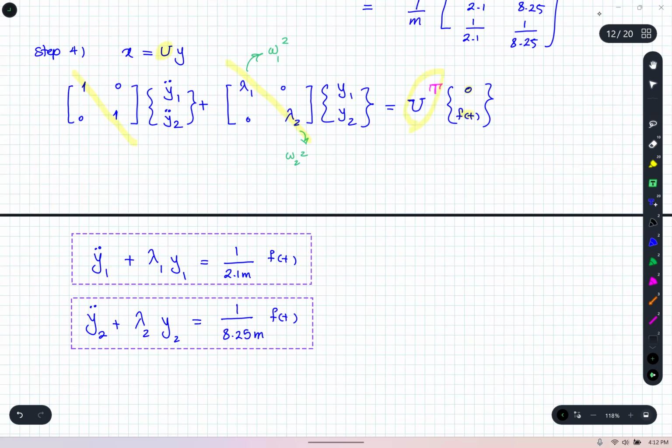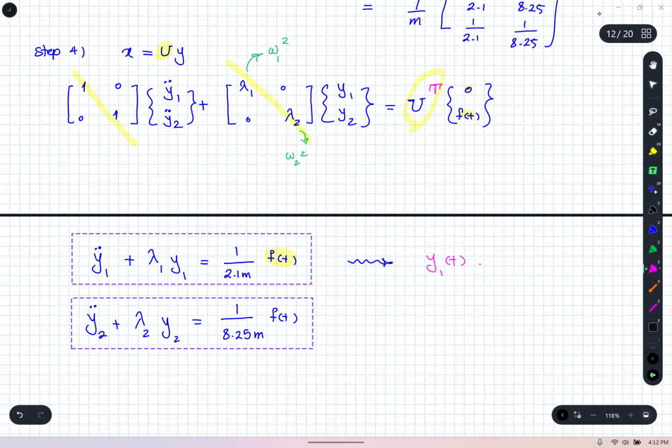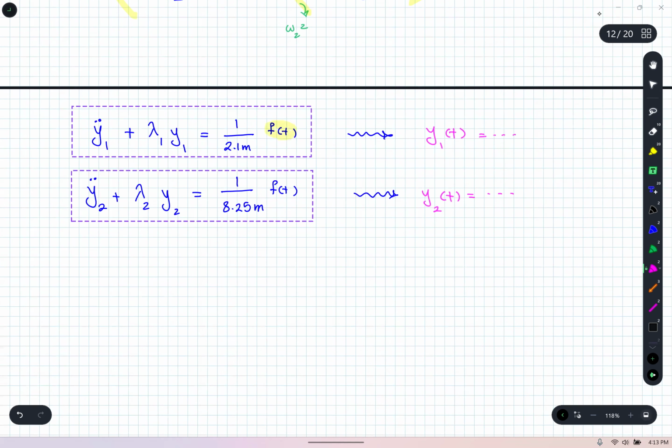So what you notice here now is we have two independent equations, they are simple differential equations. They are independent, so I should be able to find y1(t), if I know the initial conditions and if I know Ft. And similarly, for the second equation, I repeat that, and I will find y2(t). So these are the principal coordinates.